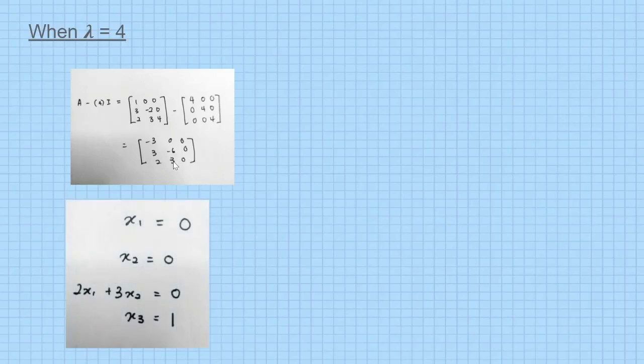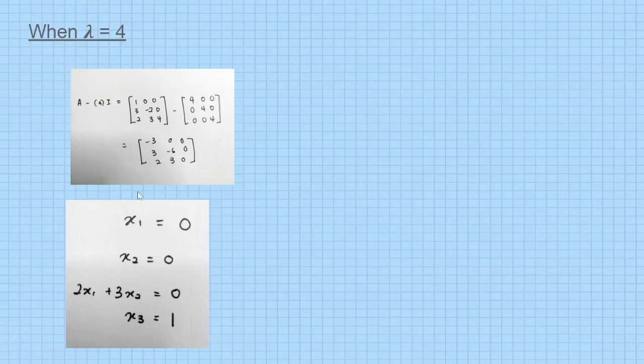After that, we find the value of x1 using the first row of the matrix, which is -3. So you can see the value of x1 is equal to 0. The value of x2 is also equal to 0, using the second row of this matrix.